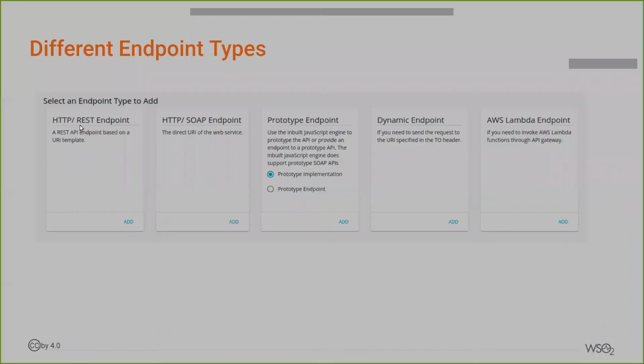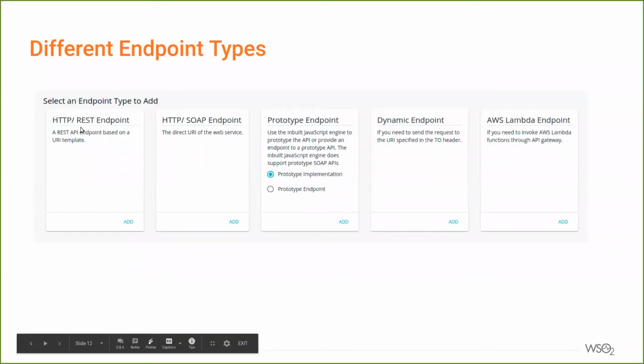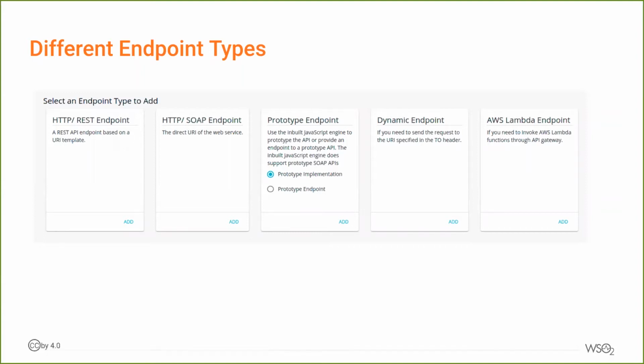You have the REST endpoint type, a REST service endpoint which is based on a URI template. There's the HTTP SOAP endpoint, which is a direct URL of the HTTP SOAP web service.